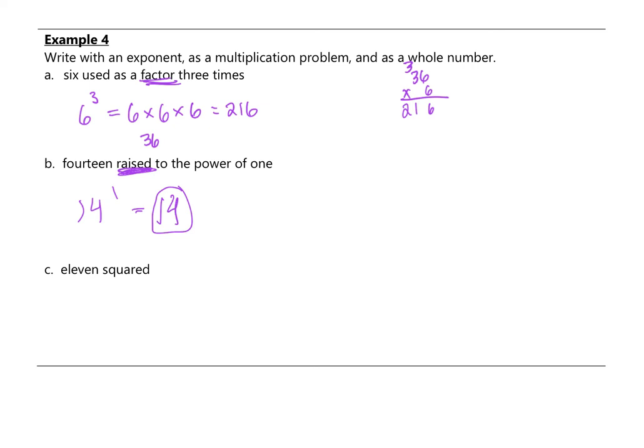My numbers there look strangely fancy. C, 11 squared. Well, 11 squared is the same as 11 times 11. And if we know our multiplication tables with 11s, we know that 11 times 11 is 121.